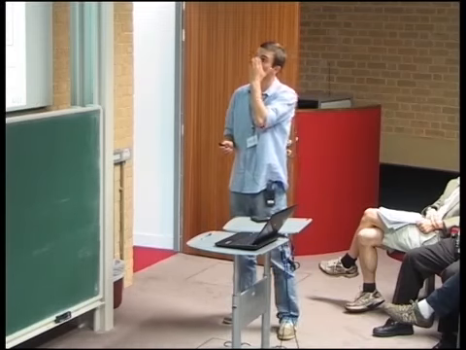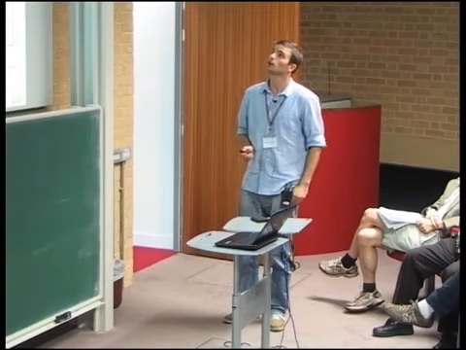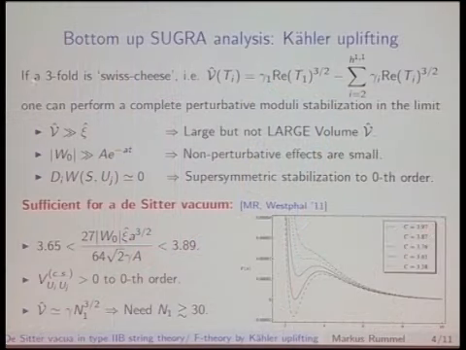Okay, so this is the Kahler uplifting scenario. You can just look at the scalar potential for certain manifolds, a Swiss cheese type, and then in a certain limit, you can expand the scalar potential and treat it analytically. So this alpha prime correction has to be small, but it's not as small as in the large volume case. It's a different branch.